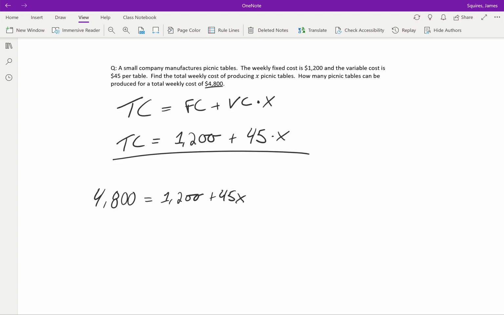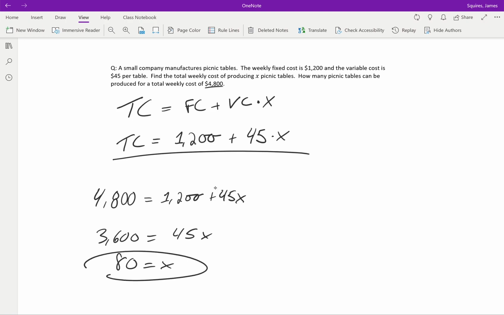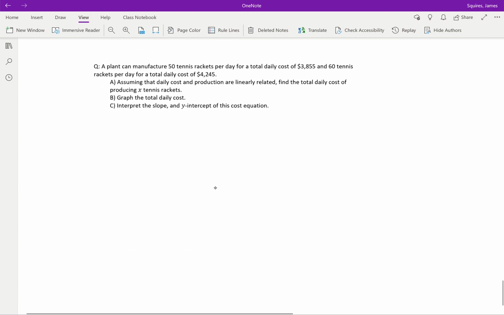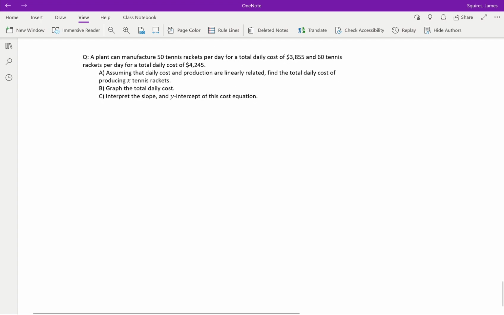If we subtract 1,200 from both sides, we'll get 3,600 equals 45x. If we divide 3,600 by 45, we are going to get 80 equals x. So 80 picnic tables gives us a total cost of $4,800. All right. Moving on to another word type problem.